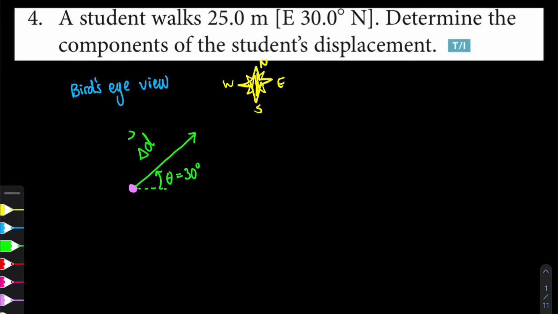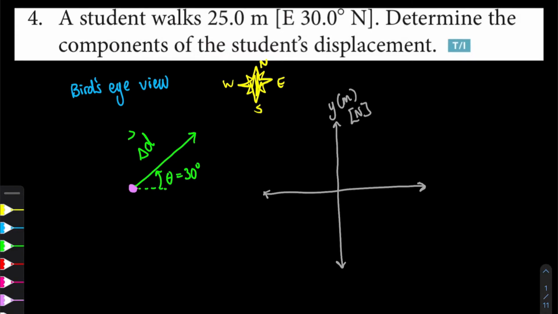Now that we can visualize this, a good idea is to try to set it up in the coordinate system. In this coordinate system, we're going to use the convention that the y-axis, measured in meters, represents the motion along the north dimension, and the x-axis, measured in meters, represents the east motion.